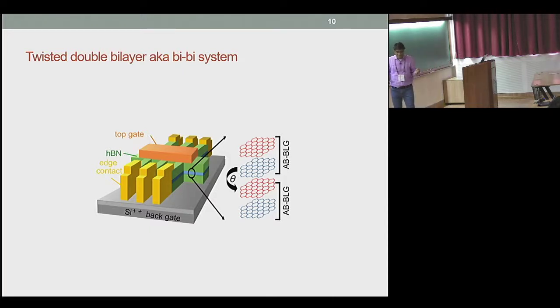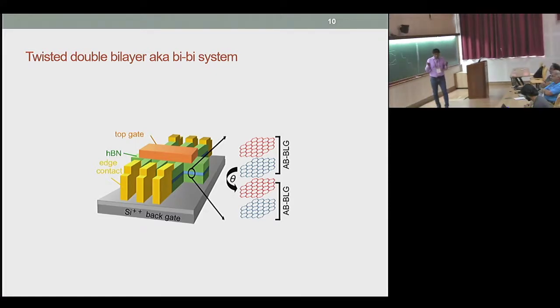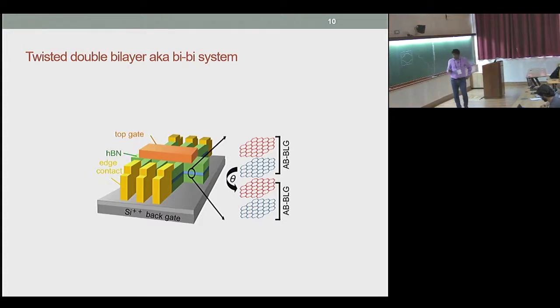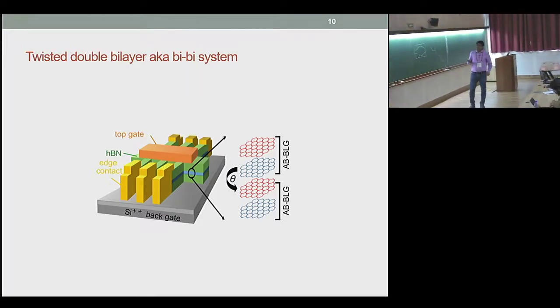Let's say if you have a 10 micron long device, you can have some inhomogeneities. These are important to the physics, and using transport measurements, you can infer the extent of the inhomogeneities of angle that plays an important role in the physics. I think Abhay might talk in greater detail about spatially imaging these inhomogeneities and how they play an important role later today.